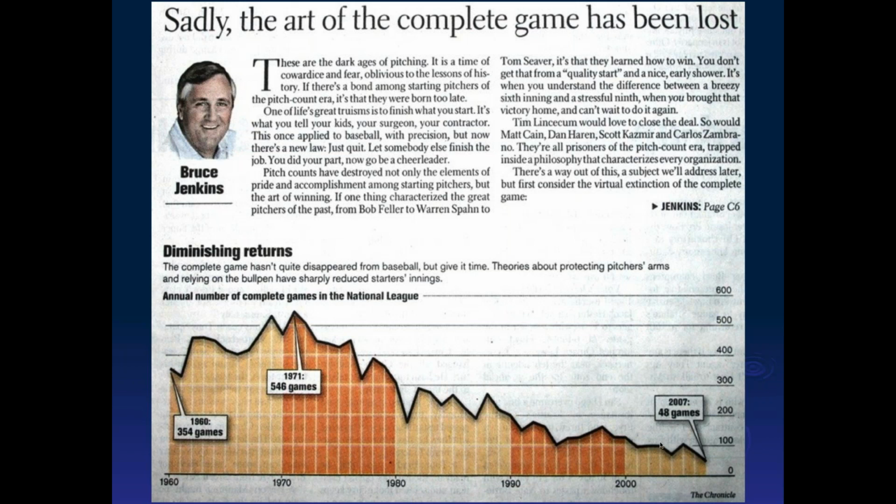And then it trailed off, at that particular time, 2009 or 2010, it had fallen significantly. What he didn't mention in the article, which should have gone along with this graph, was the longevity of a Major League Baseball pitcher. And it went the other direction.